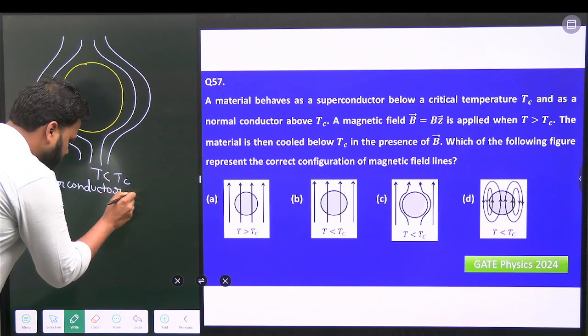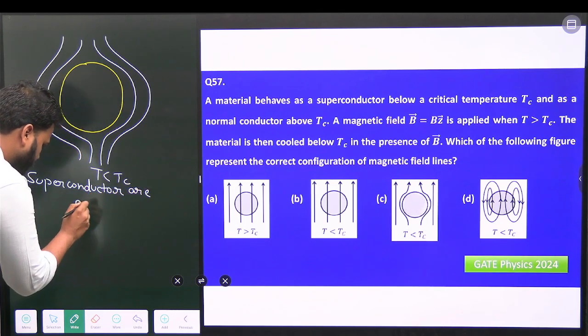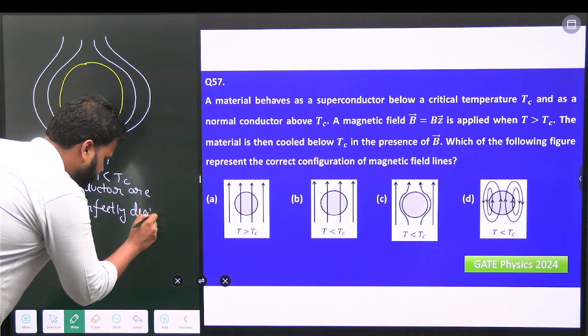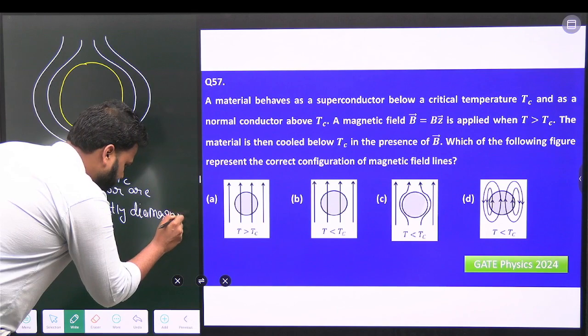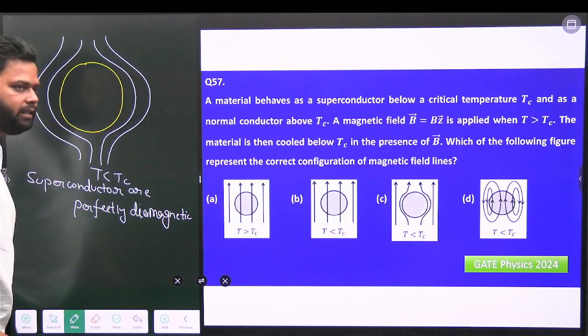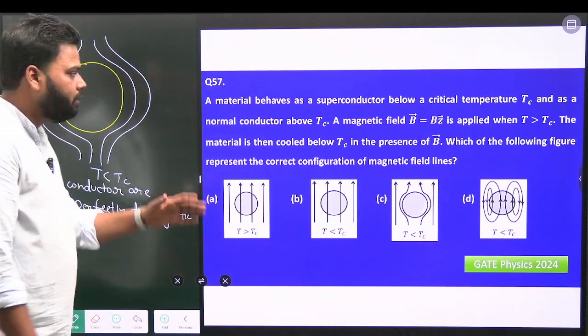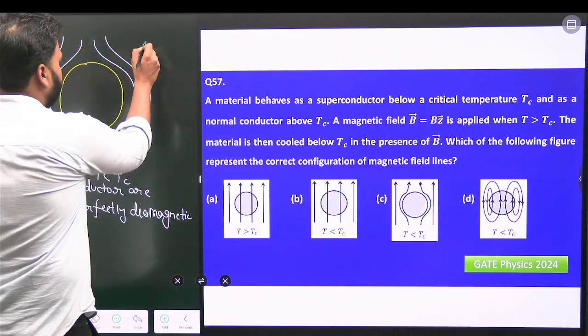So it can be said that superconductors are perfectly diamagnetic in nature, because a diamagnetic material has the property to repel magnetic field lines, and its susceptibility is negative.